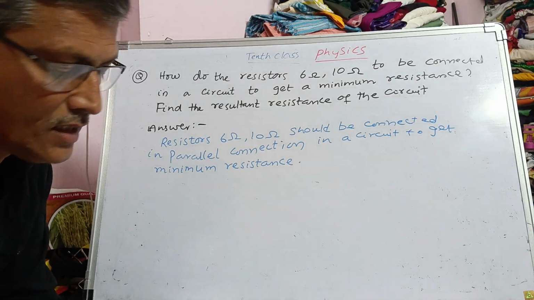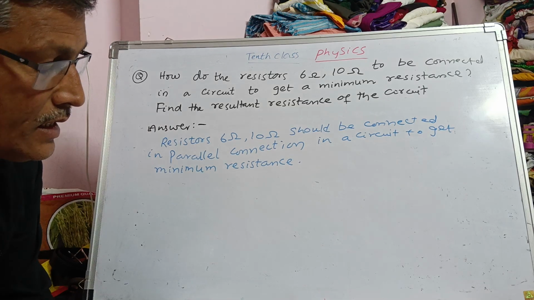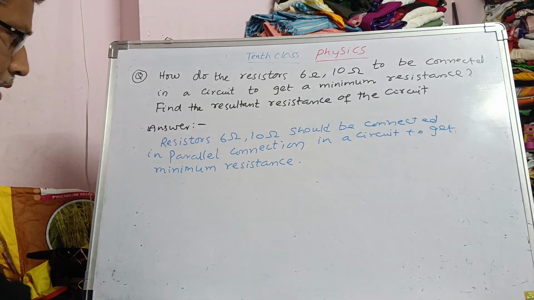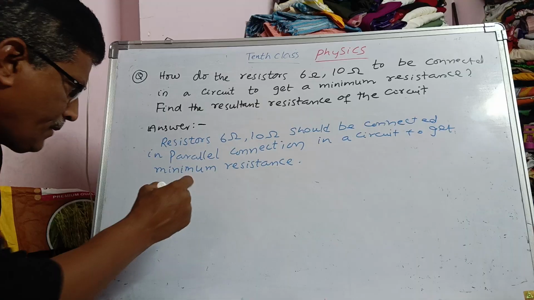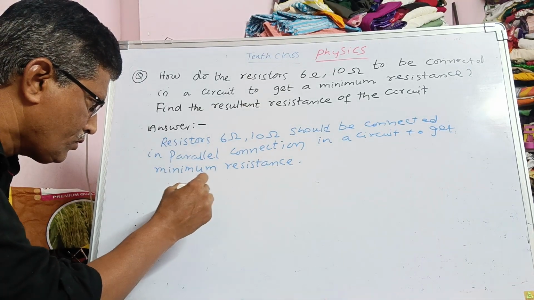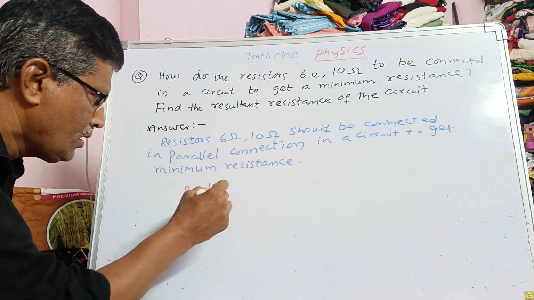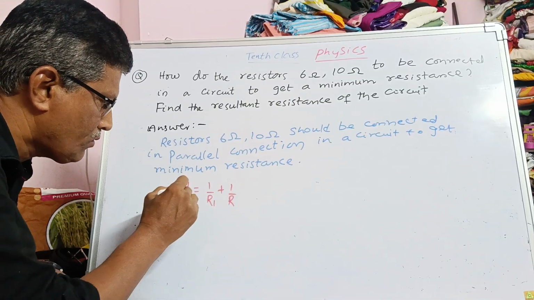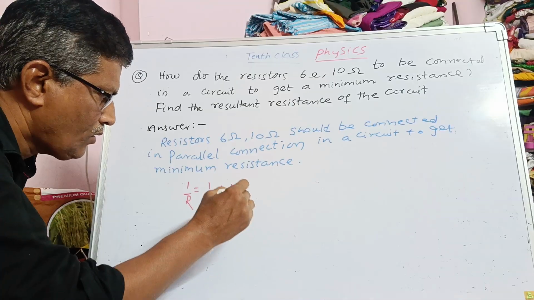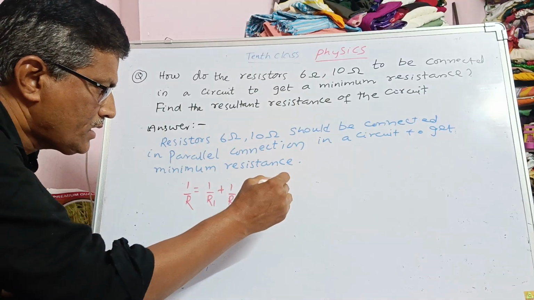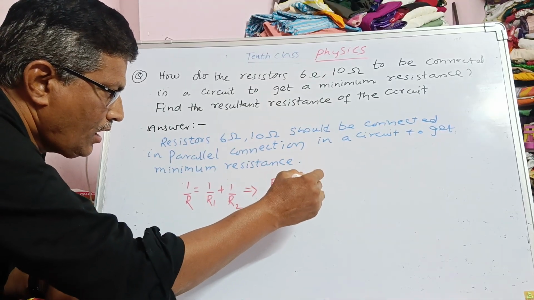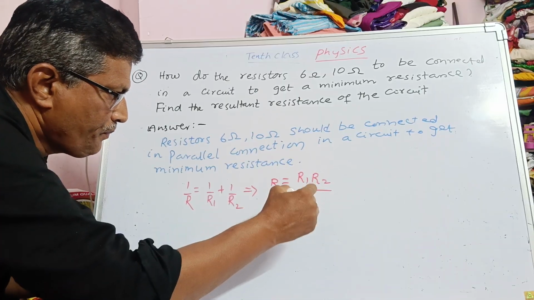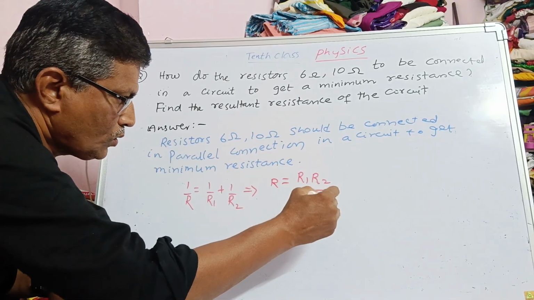Resultant resistance means whenever it is connected in parallel connection, the resultant resistance is given by 1 by R is equal to 1 by R1 plus 1 by R2. And R is equal to R1 into R2 by R1 plus R2.